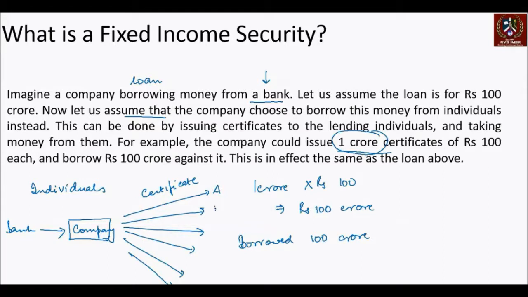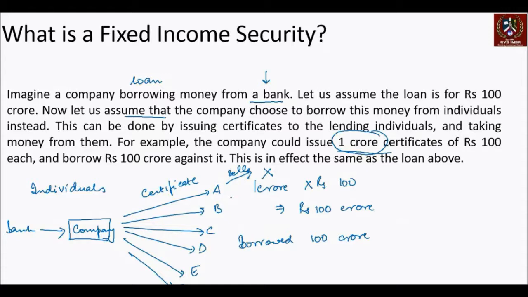But here, because there are investors A, B, C, D, E, F, and so on, it's quite possible that investor A sells the security, sells the stake in the security, to another investor X, right? And then essentially the claimant is X and A is out of the deal altogether. This security, by its very nature, allows this transaction to happen.